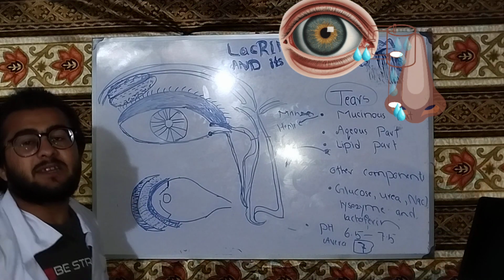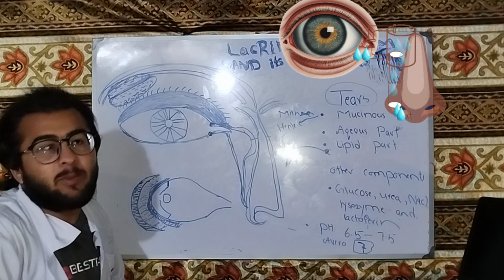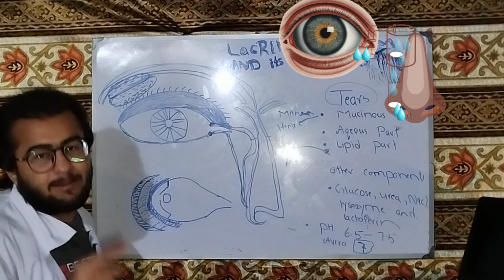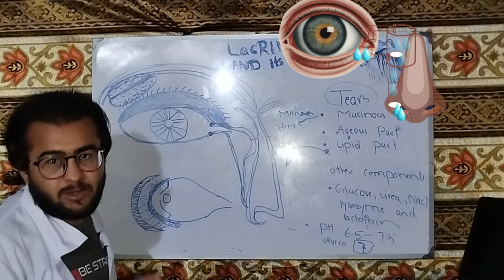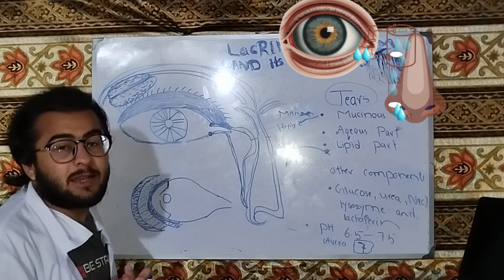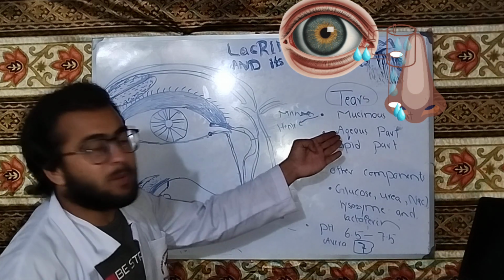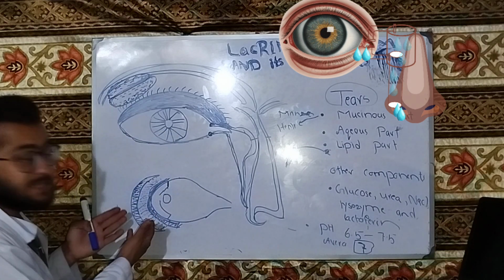This lipid part is secreted by the Meibomian glands and glands of Zeis and Moll, which we discussed in the previous chapter. So these are the main three parts of the tears, and these are their functions.